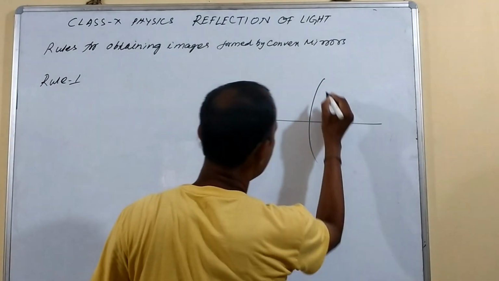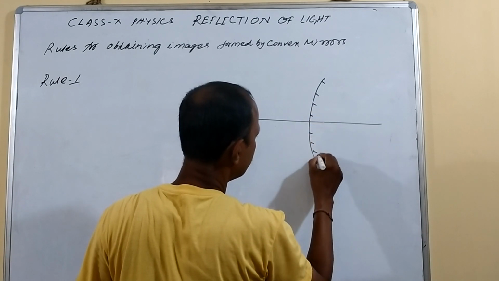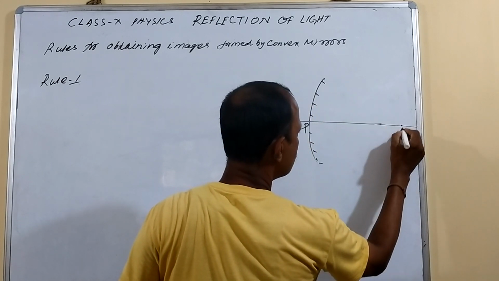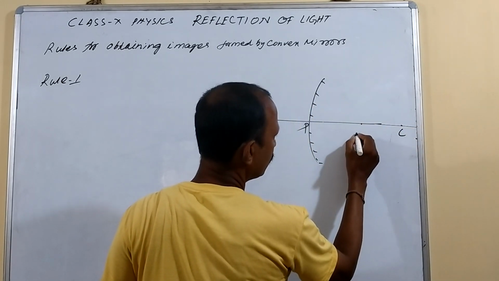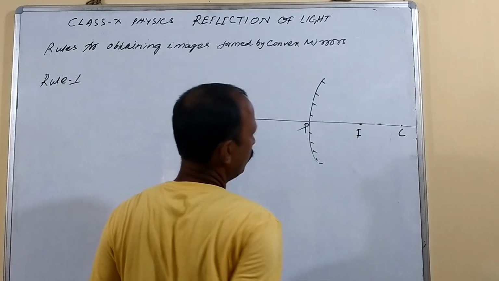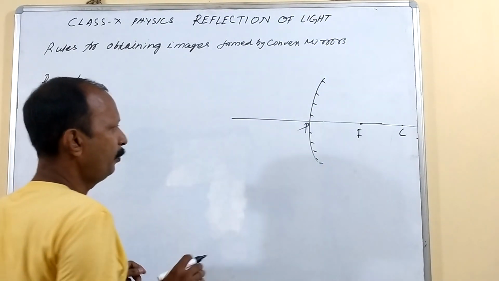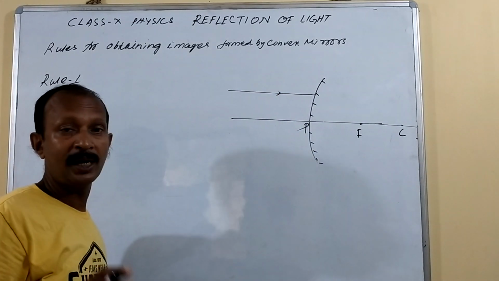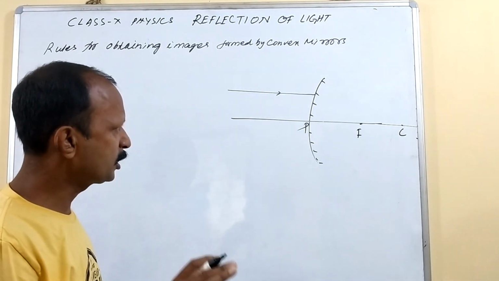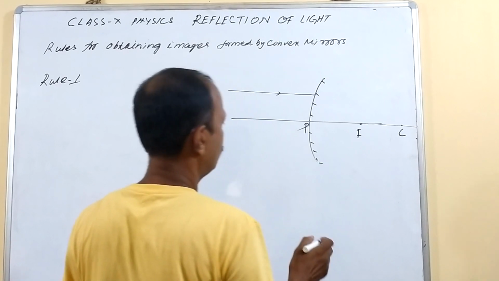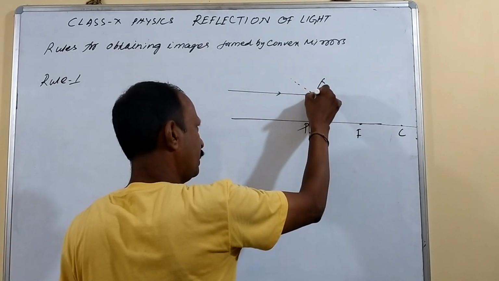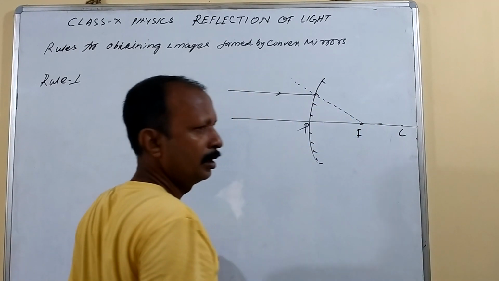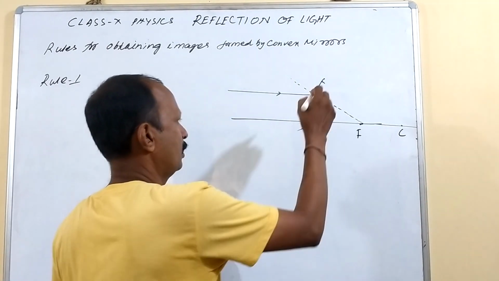Suppose this is the convex mirror. This P is the pole of the mirror. C is the center of curvature. F is the principal focus. Suppose one light ray comes parallel to the principal axis. If I draw the normal, it will also follow the laws of reflection.